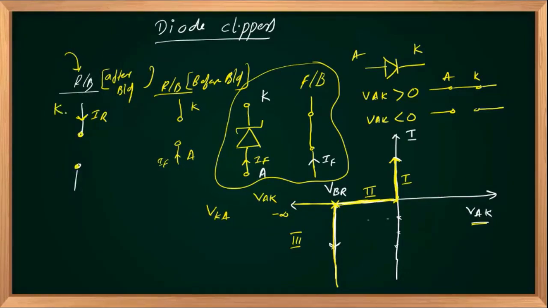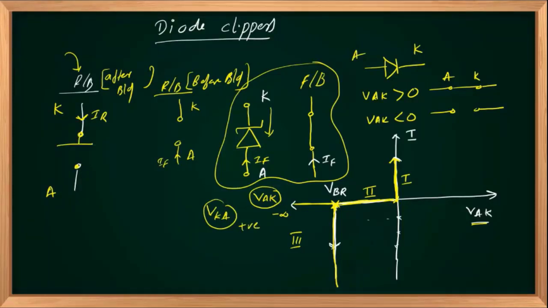This was my cathode, this was my anode, right? Current can have any value, but in the reverse direction, cathode to anode, and voltage across the diode, anode to cathode voltage, is negative because we are on the negative axis, or cathode to anode voltage is positive.